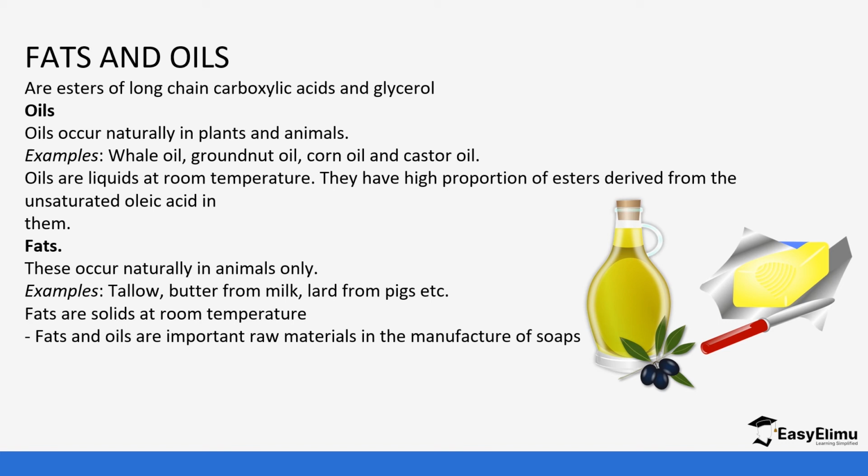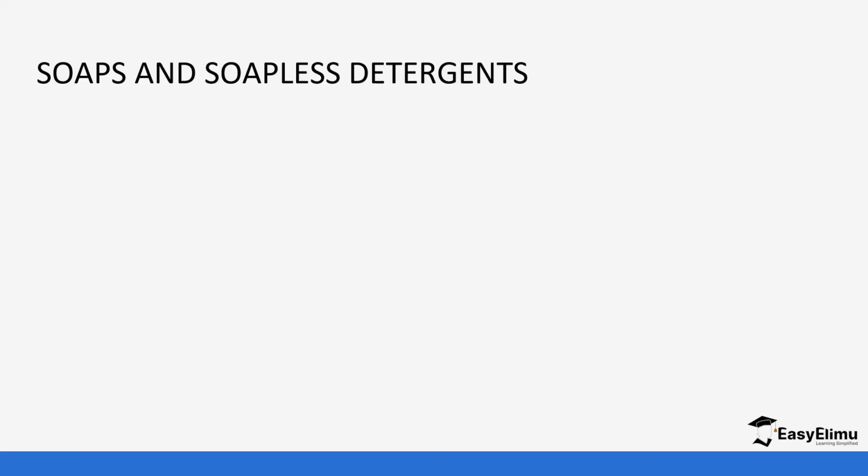Examples are butter, tallow, lard from pigs, and they're usually solid at room temperature. So fats and oils are important in the manufacture of soap, which is what we are focusing on today. So let's see how these fats and oils are used in the preparation of soap.